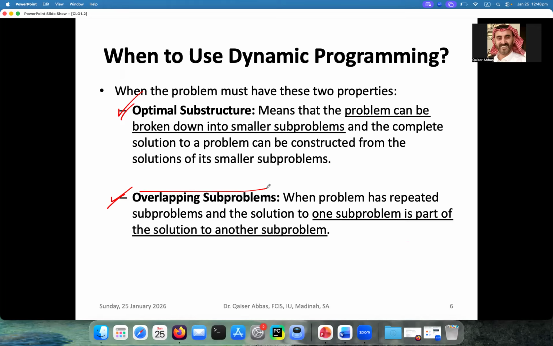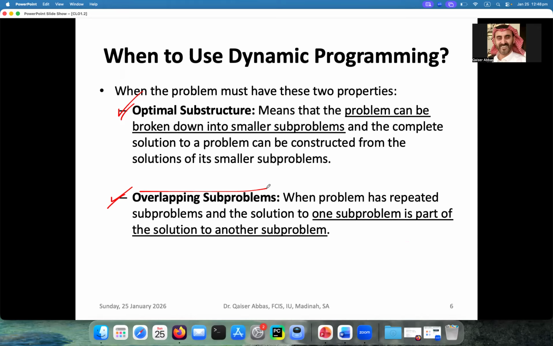Overlapping subproblem is when you have repeated subproblems in your problem. How can you identify that this overlapping subproblem is available in the problem?